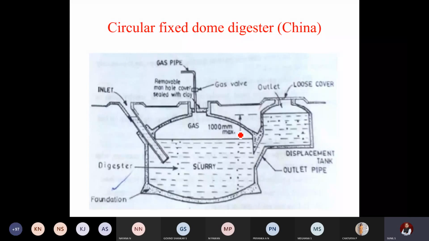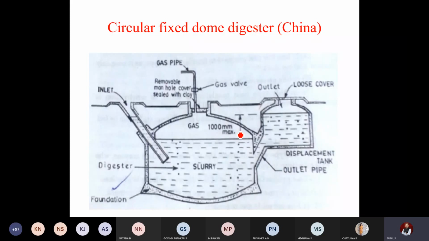There is an agency called Gobar Gas Research Station, which is part of an initiative of the Government of India. Considering the advantages of this model, the Gobar Gas Research Station made it popular in India under the name Janata model. You have to remember these names because in the exam they will ask you to draw a sketch and explain the working of the Janata model.